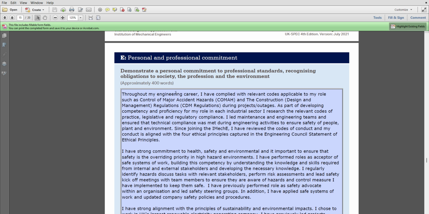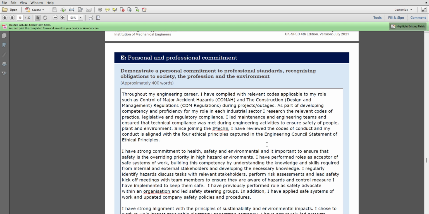Throughout my career as an engineer, I have complied with relevant codes applicable to my role, such as the Control of Major Accident Hazards, the COMAH, and the CDM regulations. During the projects and during outages, as part of developing competency and proficiency for my role in each industrial sector, I researched the relevant codes of practice, legislative and regulatory compliance.